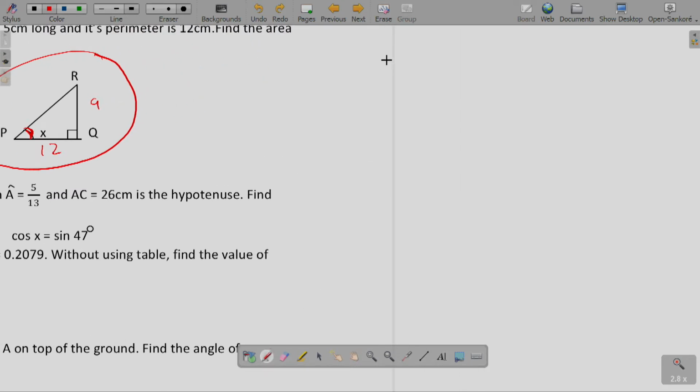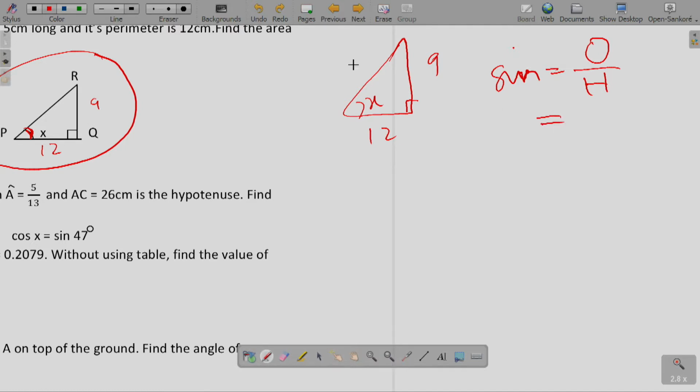Our triangle: 9, 12, and here we have x. From the definition of sine, sine is equal to opposite over hypotenuse. But we haven't the value of hypotenuse, so let's first find the length of the hypotenuse.